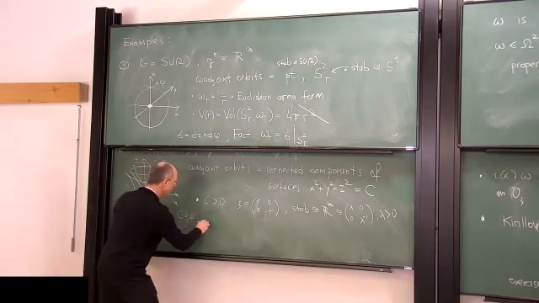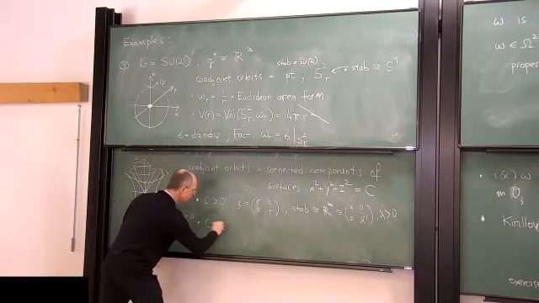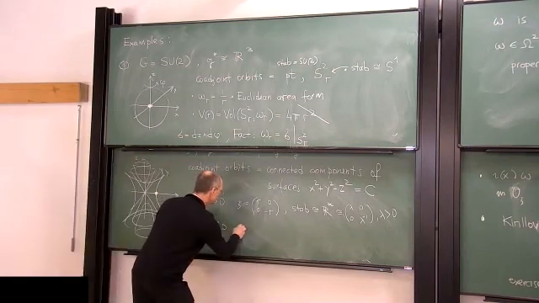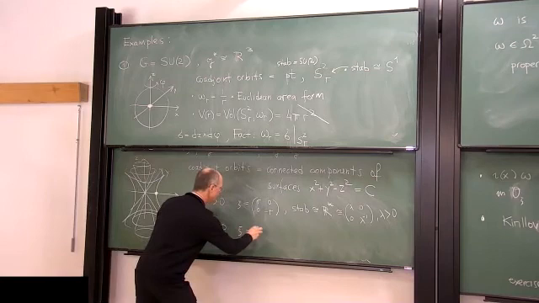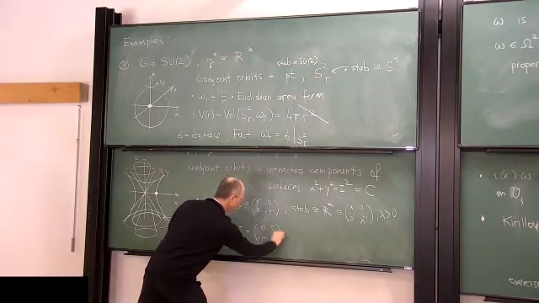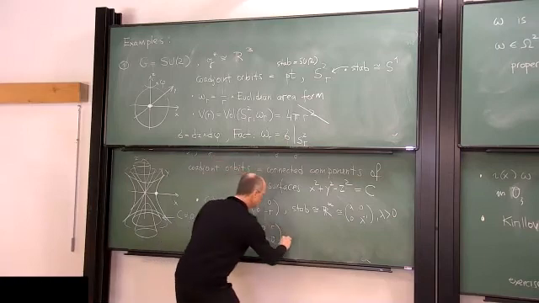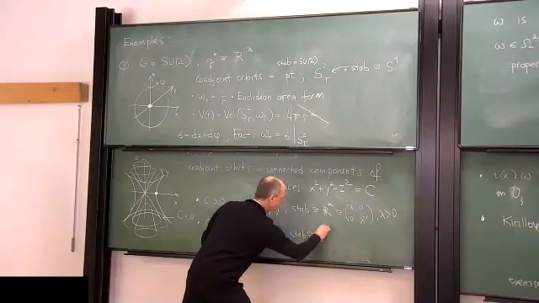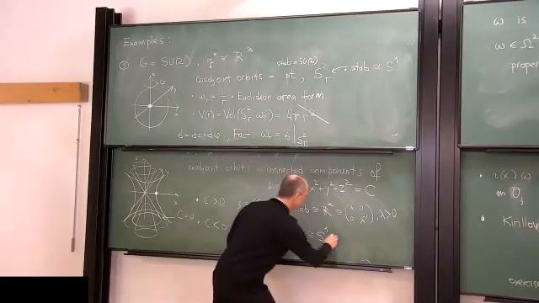Now, what happens if C is smaller than 0? Then psi will be something like this. And the stabilizer group will be isomorphic to S1.